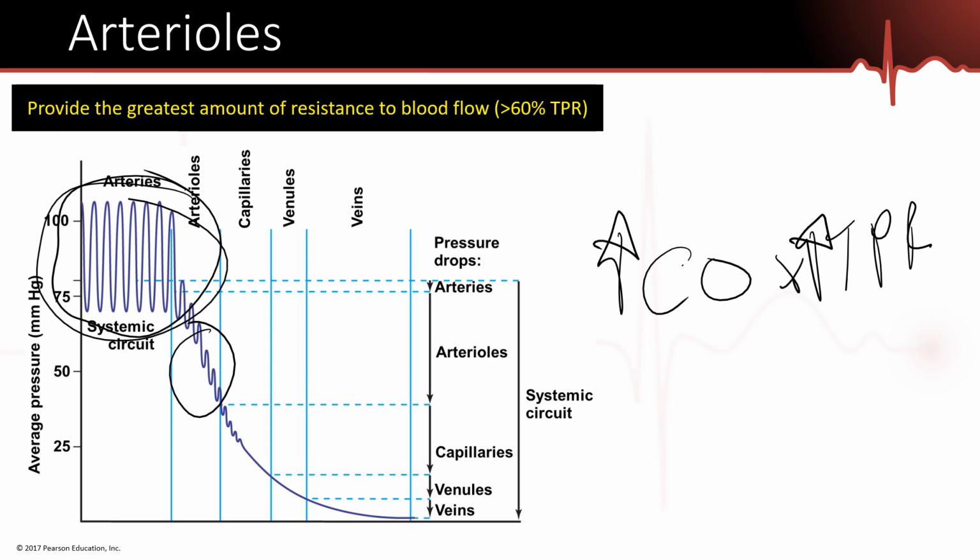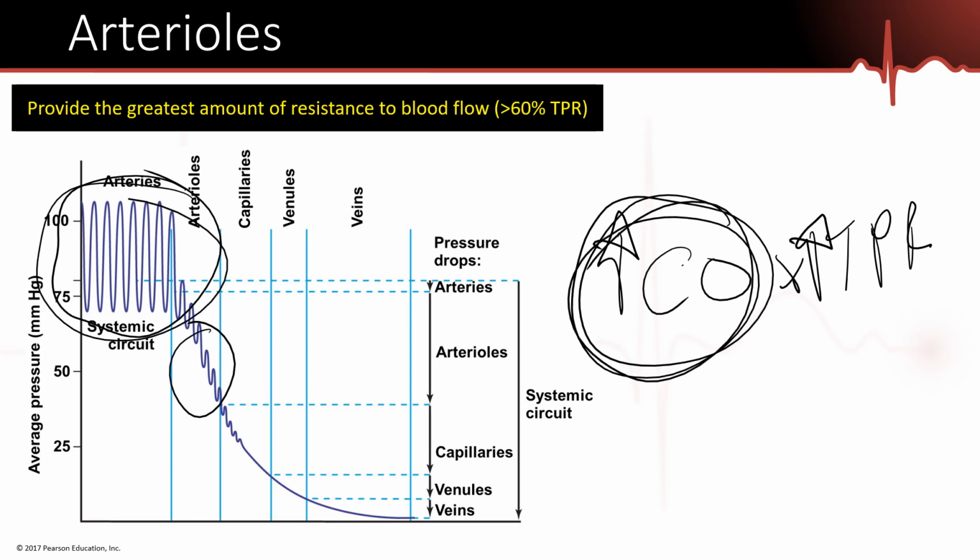Why would an increase in total peripheral resistance drive up blood pressure? Again, especially within these arteries. Well, if these arteries are narrowed, there's a couple of things that are going to be happening here, right? You're trying to push more blood, there's a greater cardiac output.